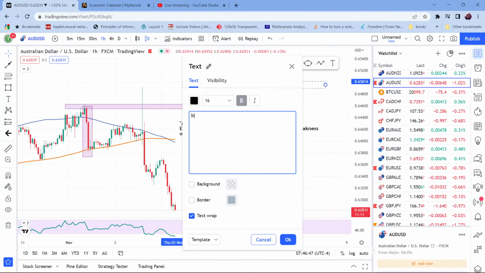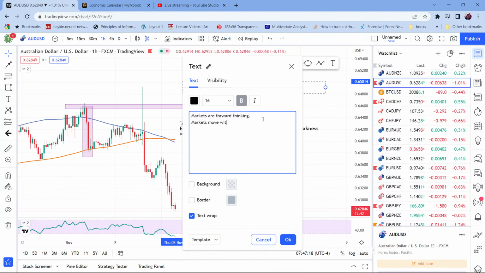So markets are forward thinking. This is something you've probably heard before. That means we move with generalizations, we move with expectancies.